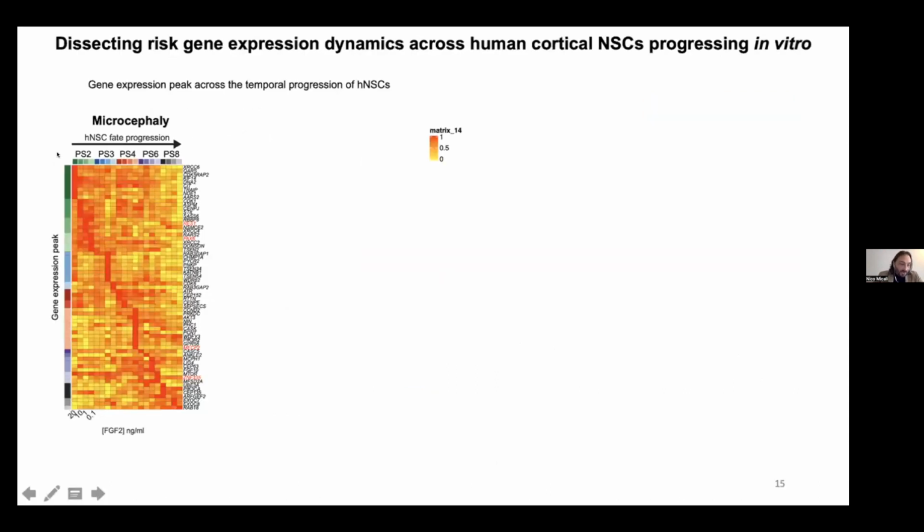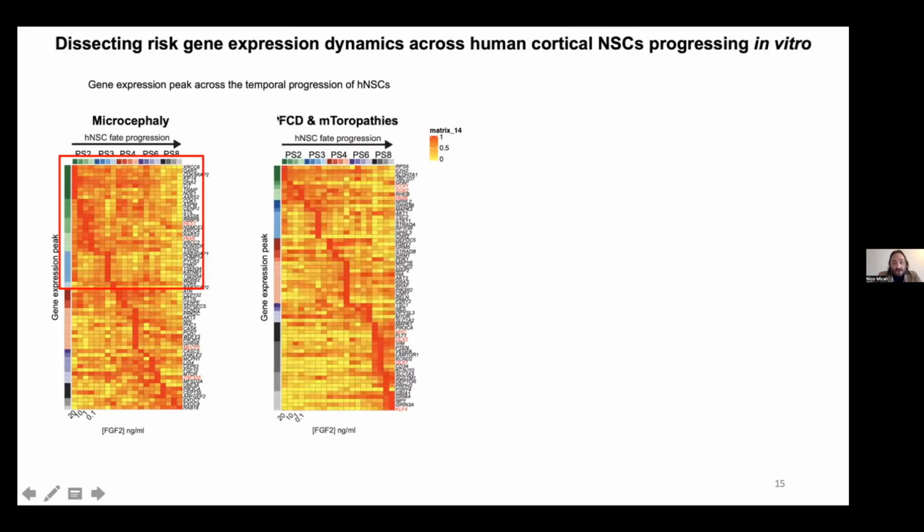Now, here I'm showing the expression dynamics of risk genes associated with microcephaly, for example. Here you can see that the majority of these risk genes peak at early passages.